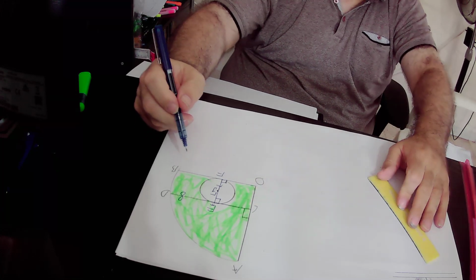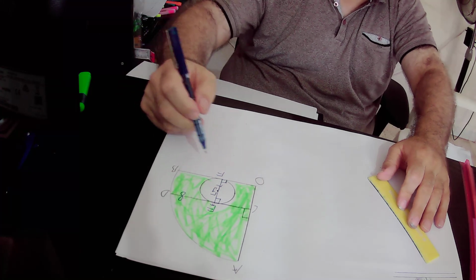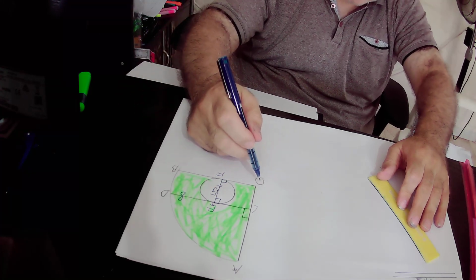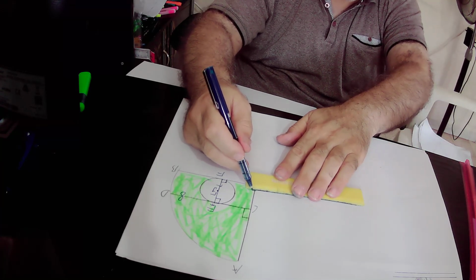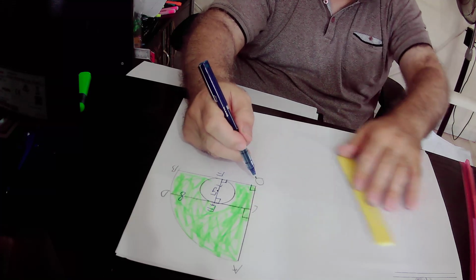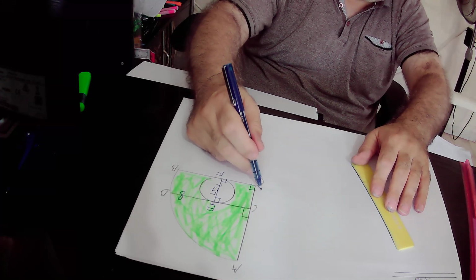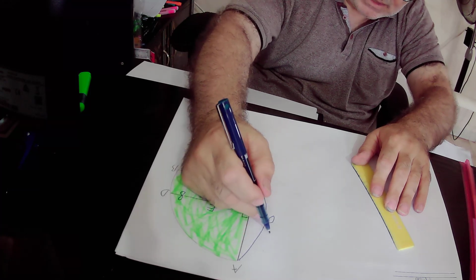We know that AOB is a quarter circle, therefore point O is the center of the quarter circle, and angle AOB equals 90 degrees. In addition, we know that OA must be the radius of the quarter circle that we will define as capital R.